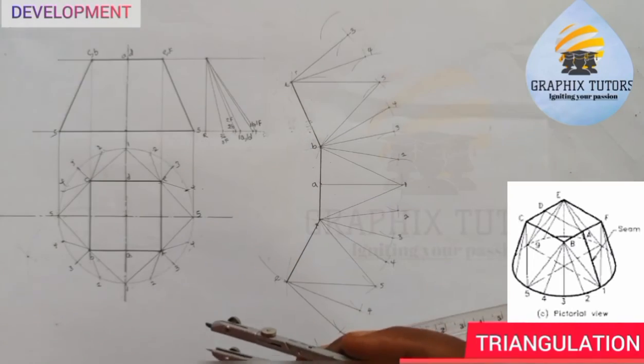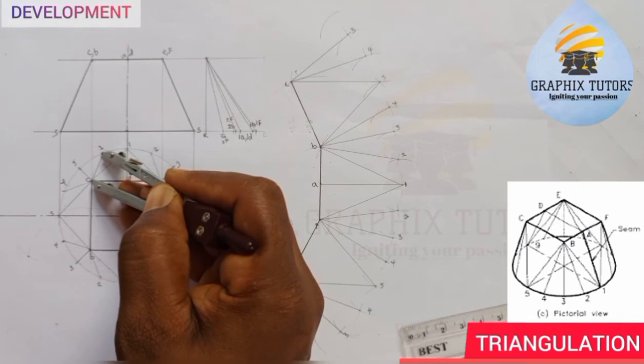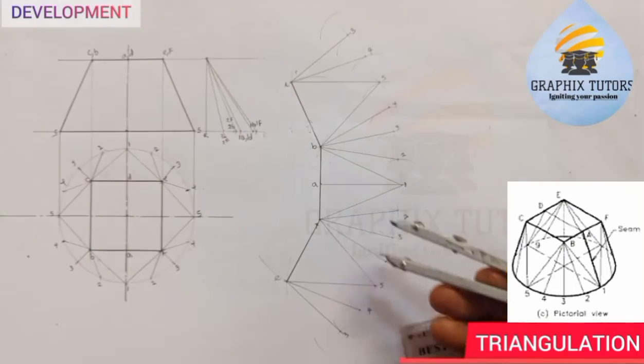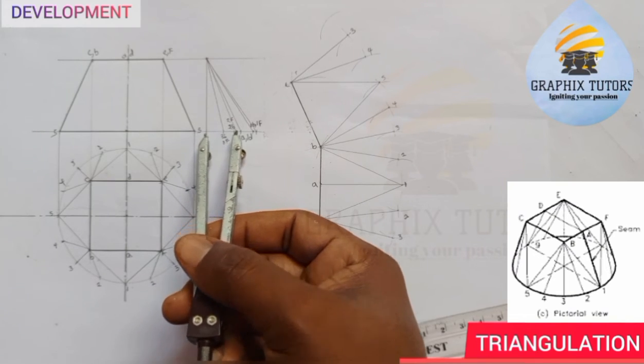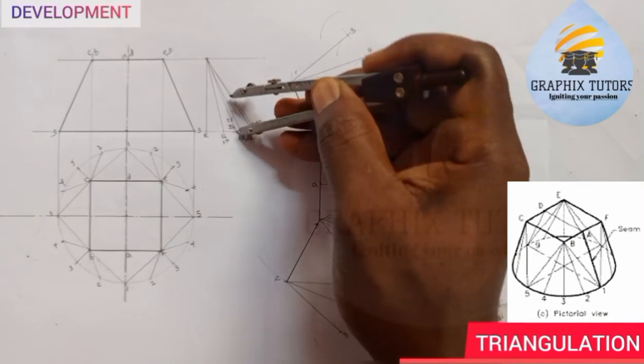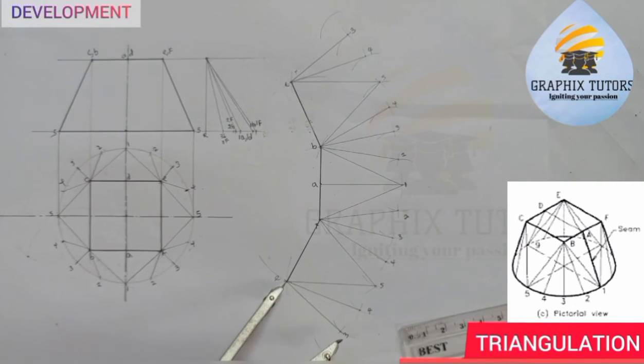Right? Then the next thing will now be C to 2 or E to 2, any of them. So I'll get the true length. When I place from here to here, it's the same thing as 2B and 2F. So I'll just take the measurement from here to here, and I'll come from C to get 2.